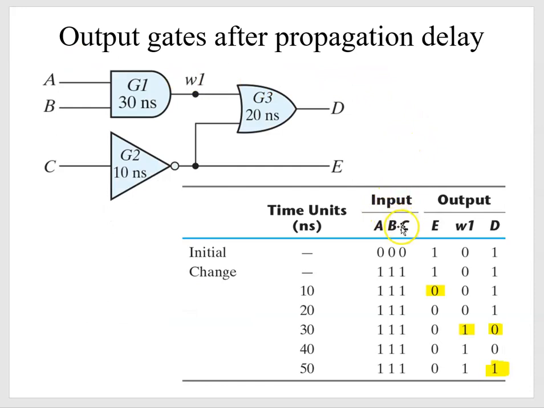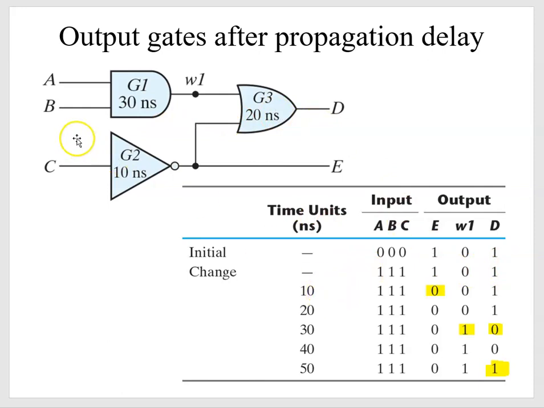So let's take a look at what we'd see here. Now we can measure our timing. If our inputs initially are 0, then AB is going to be a 0, so W1 is a 0. C naught is a 1, so our D will be a 1, and E will also be a 1. So that's our initial state. Then we change our inputs to a 1, and the outputs stay the same. They don't change right upon the change of the inputs.